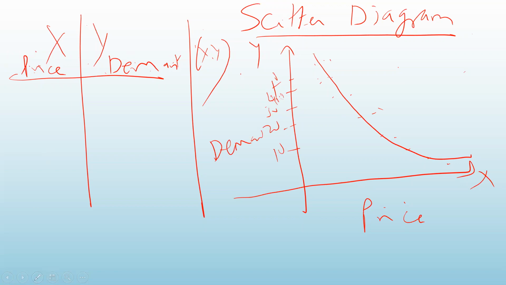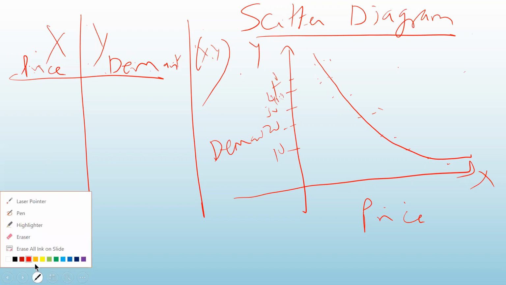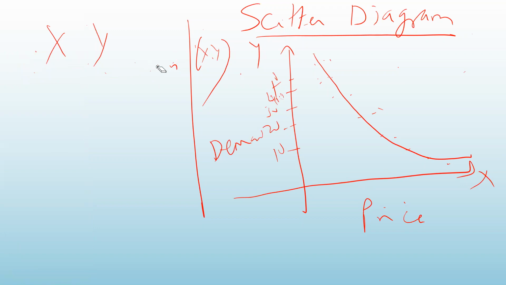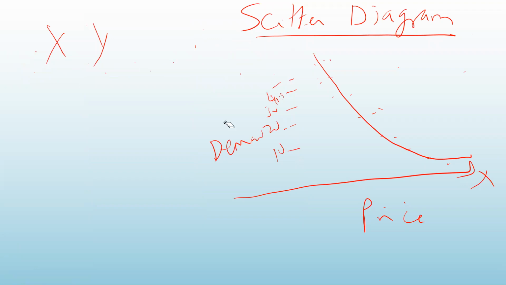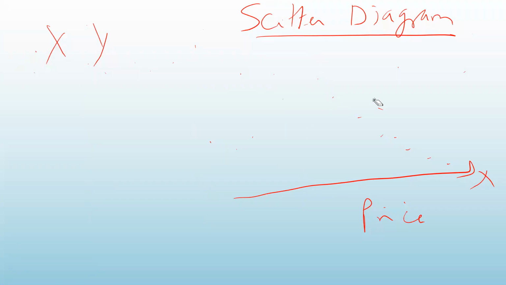Now, let us see the third type. Suppose I take X as the marks obtained by the student in mathematics and Y the weight of his father. And if I want to see if these two variables are correlated from the scatter diagram, I will plot the corresponding points on the graph paper, and will see the pattern.